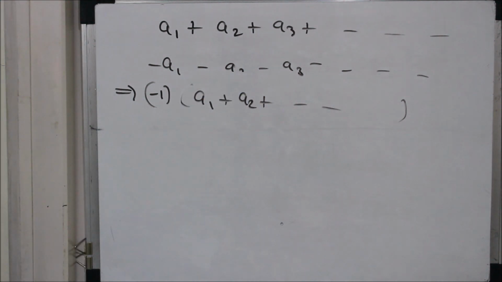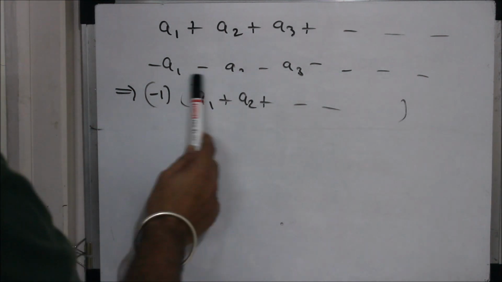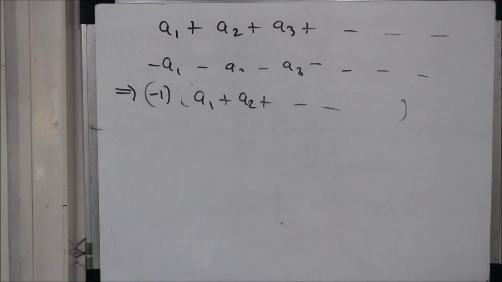So if all the terms are negative, you take the minus sign outside so that all the terms inside are positive, apply any of the 4 tests you want, and at the end multiply by -1 and conclude the nature of the series. In the next lecture we will see how to deal with series having alternating signs, that means plus minus plus minus.